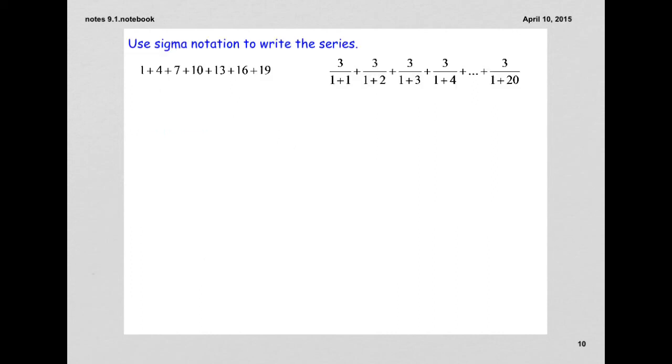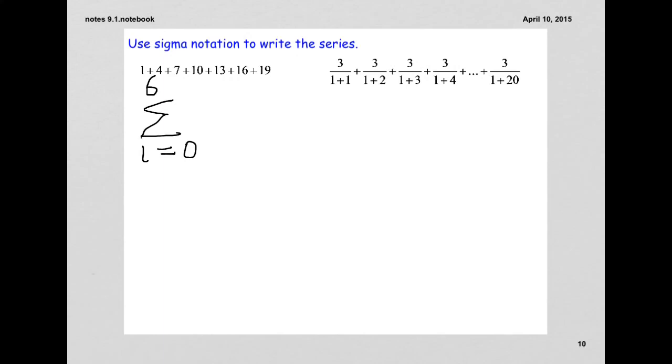Okay, now we want to write these in sigma notation. So we have our sigma notation, and we've got i equals, and I'm going to start at 0 and go to 0, 1, 2, 3, 4, 5, 6, to 6. Okay, and let's see.